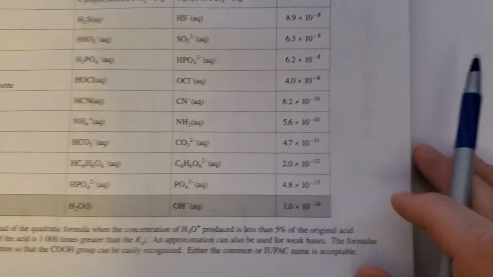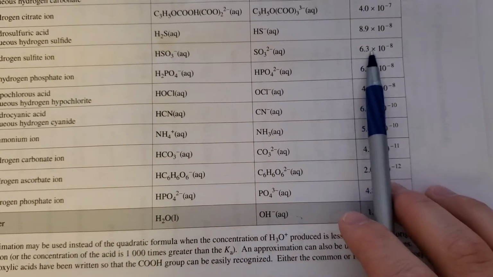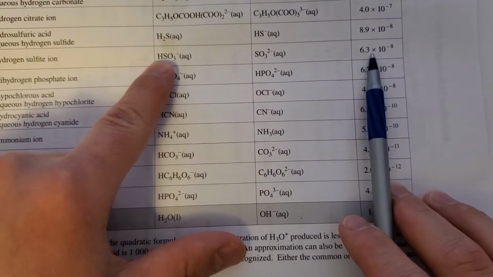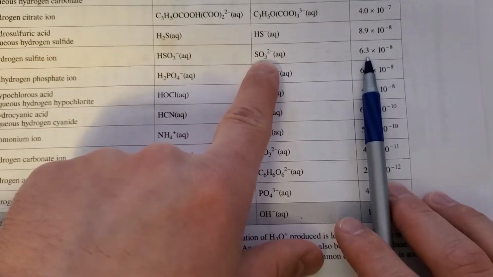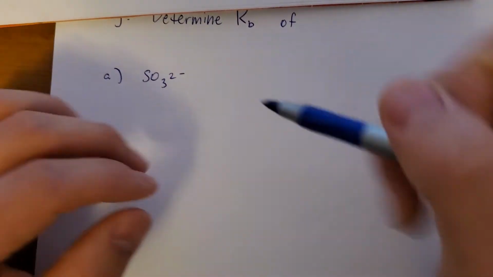We're looking for SO3. Right here. So check it out. This is Ka of the conjugate acid, so Ka times Kb of this has to equal Kw, 1 times 10 to the negative 14.